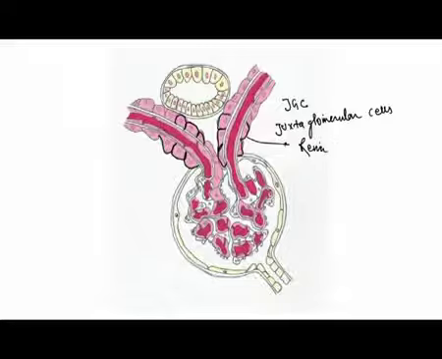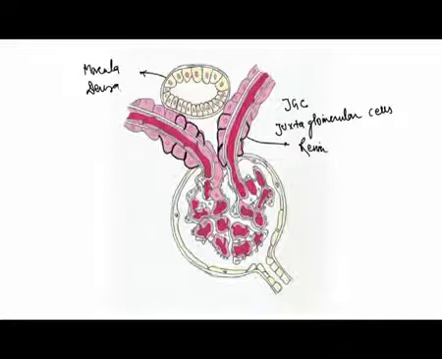So, this renin-angiotensin system comprises this kind of cellular architecture around nephrons. This circular structure looks like a vessel, but it is a duct, and this is the part of the distal convoluted tubule, which is nothing but the macula densa.